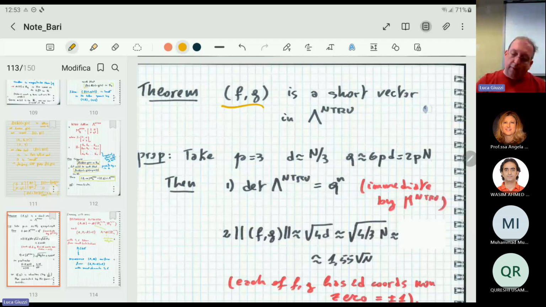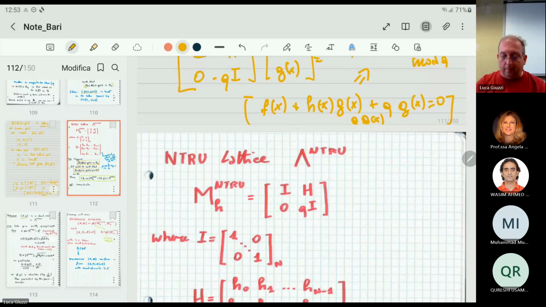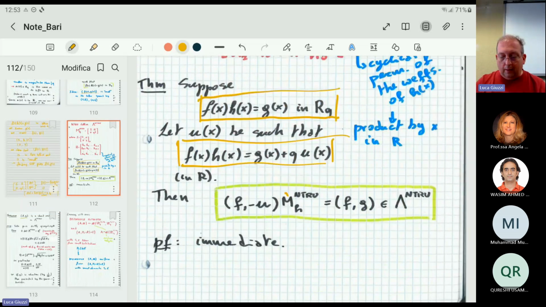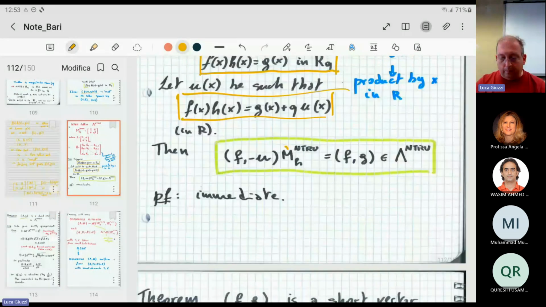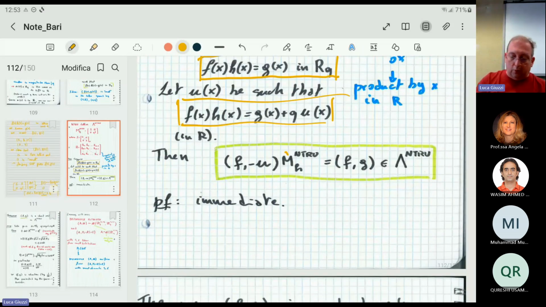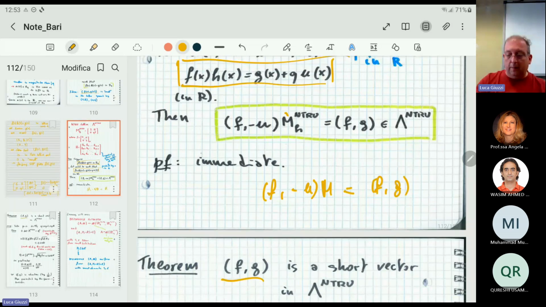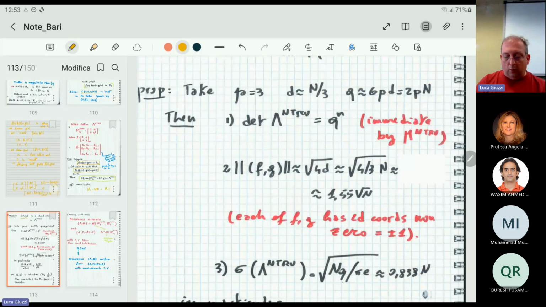That is to say that (f, g) is actually a shortest vector there. And how do we do it? Okay, this is fine. F times h^-1 mod q equals g, if that holds. So how do we do it?